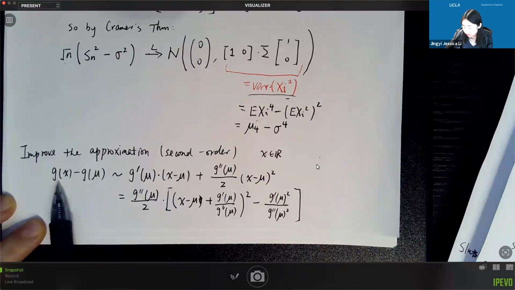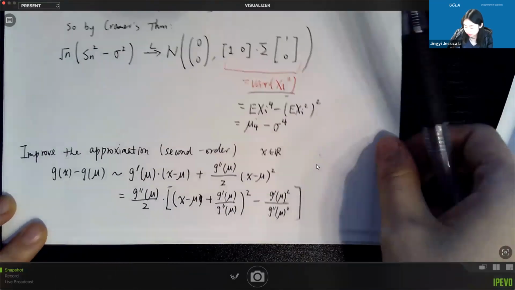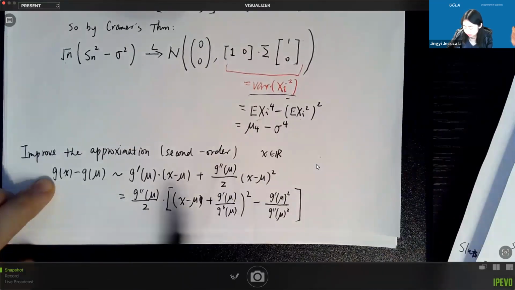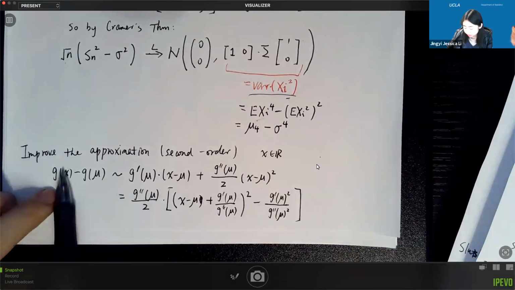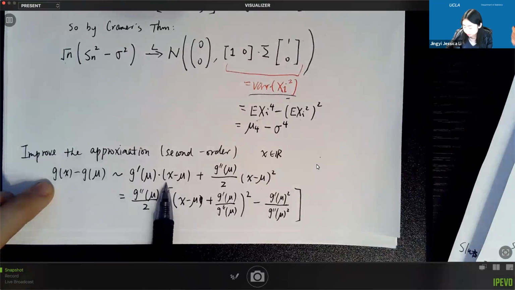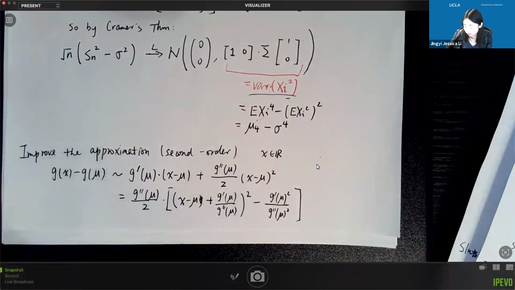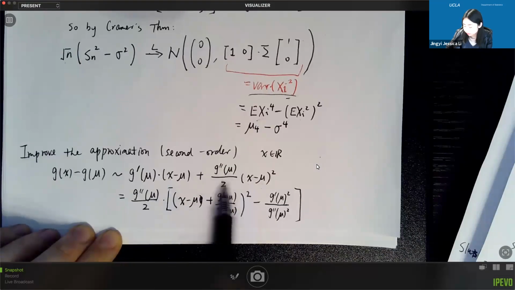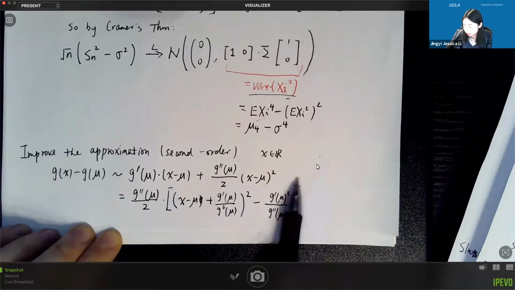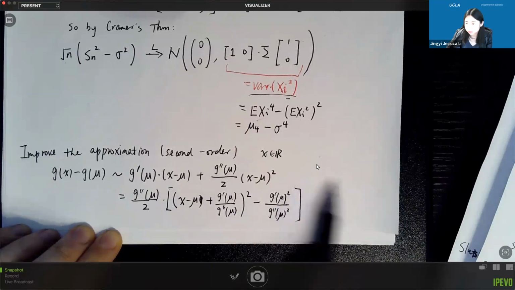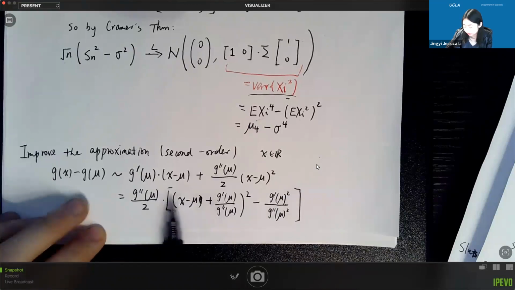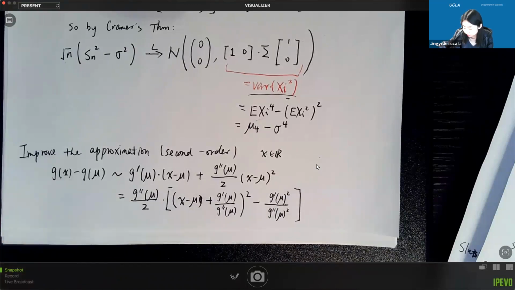The reason we can do that is that in most cases, if it's Xn bar, the average, then you will have a constant 1 over n squared out here, and further terms will have 1 over n cubed. So these terms become smaller and smaller as n goes large. That's why we can have this approximation.